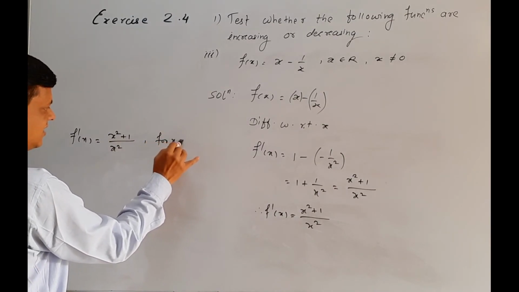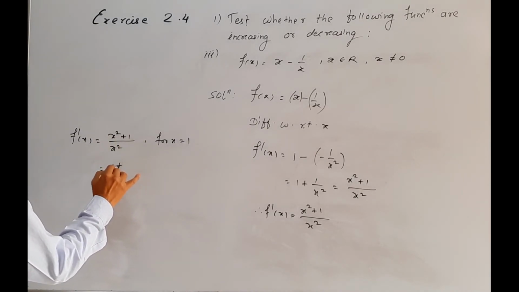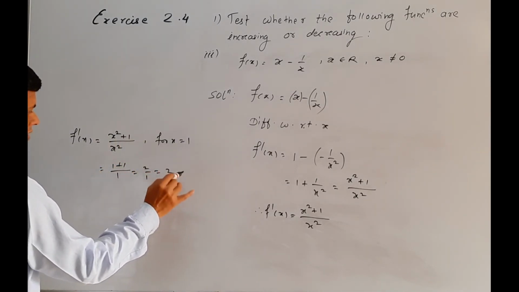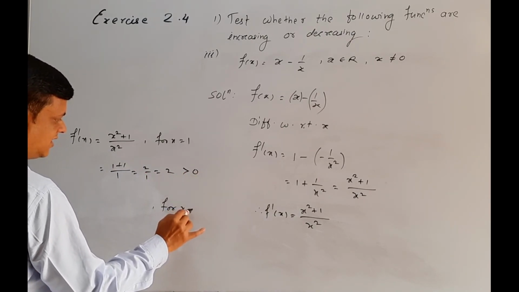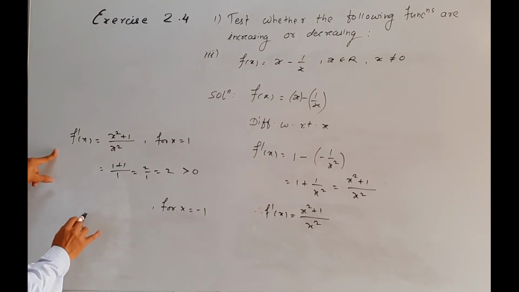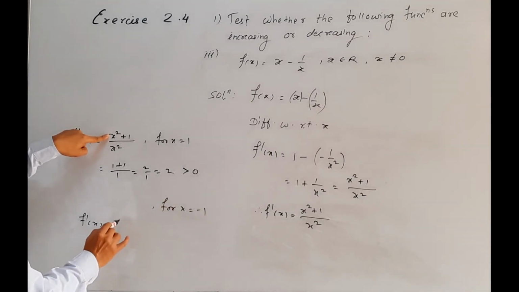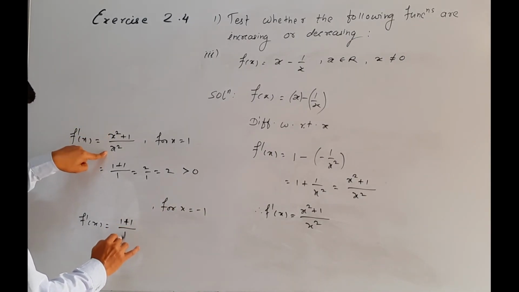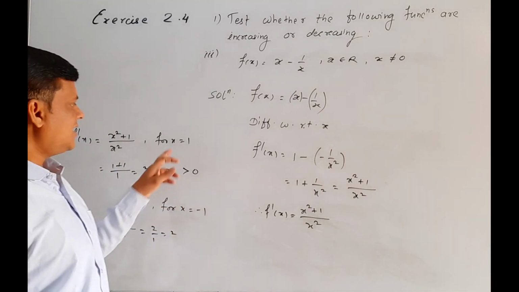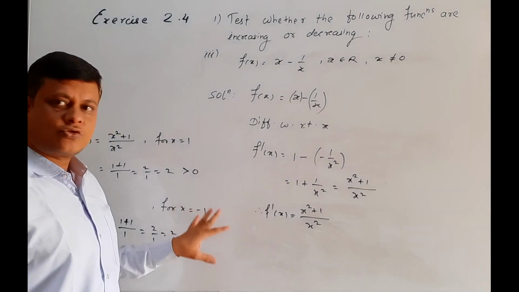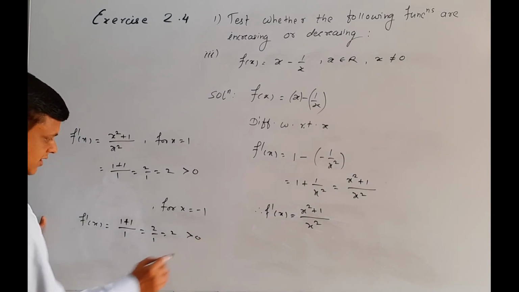So for x equal to plus 1, you can check 1 square is 1 plus 1 upon 1, which is 2 by 1, which is equal to 2, which is greater than 0. So similarly for x equal to minus 1, you can find f dash of x is equal to minus 1 square, we get plus 1, so 1 plus 1 upon 1, so 2 upon 1 equals 2. Similarly we can take for x equals 2, x equals minus 2, we get f dash of x always greater than 0.